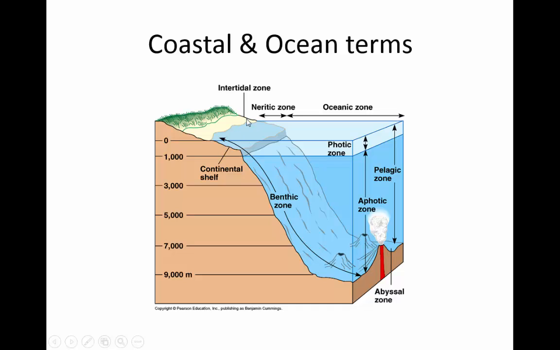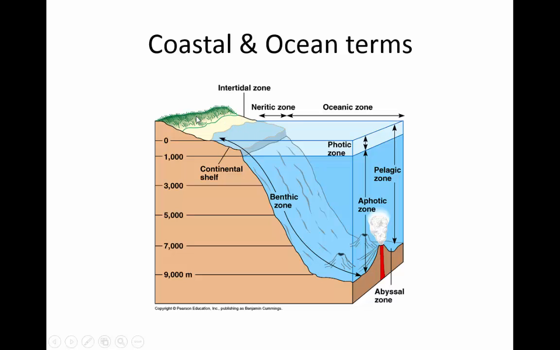The intertidal zone, think of intertidal. This is the area where the tide goes out, comes in. So this intertidal zone, this is a really, really harsh climate to live in because you're either underwater or you're above water. And so there's a lot of change.